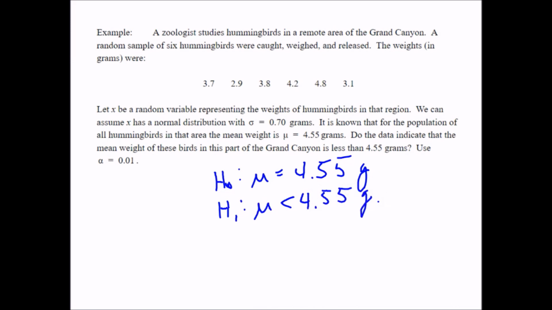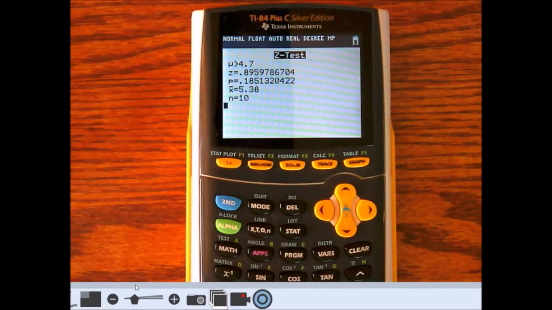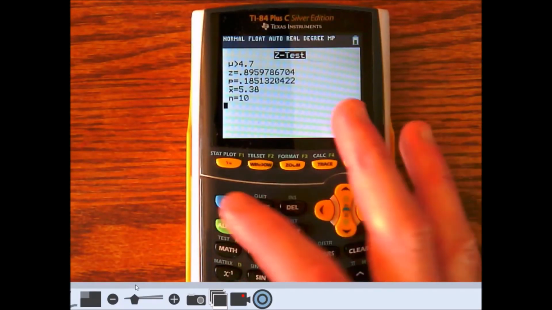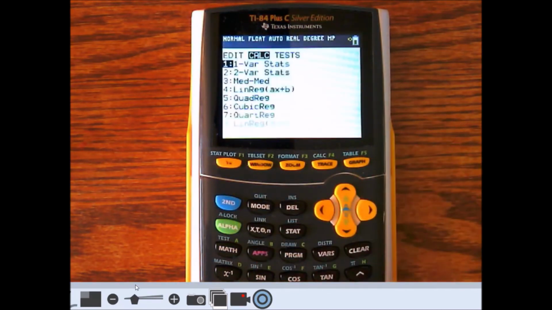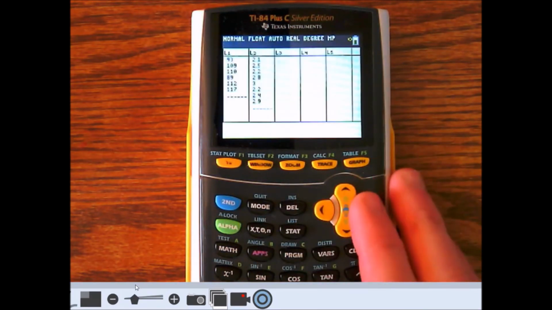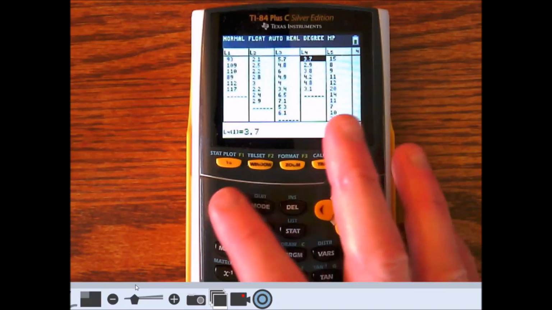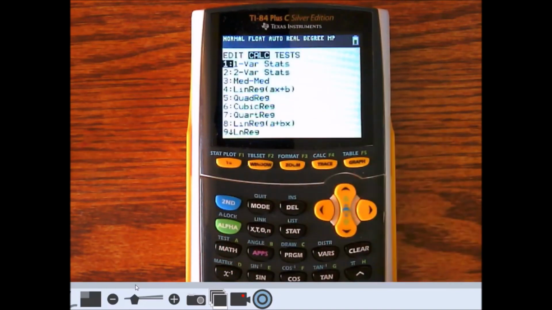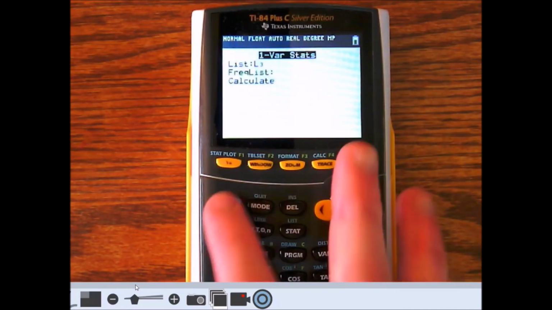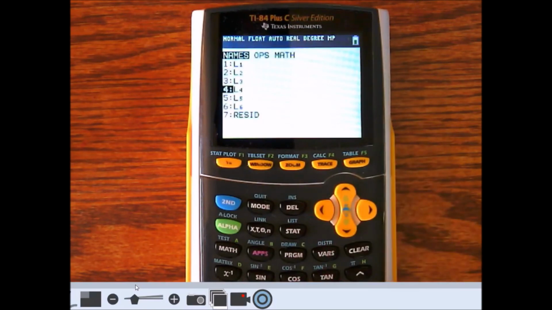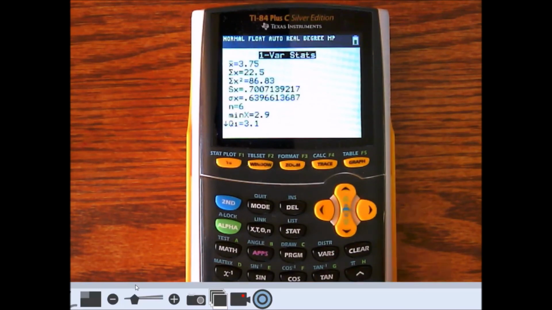Okay, so again, we need to calculate the sample mean. So stat, I have it in, I believe it was L4 this time. Calc. So I get an X bar of 3.75.